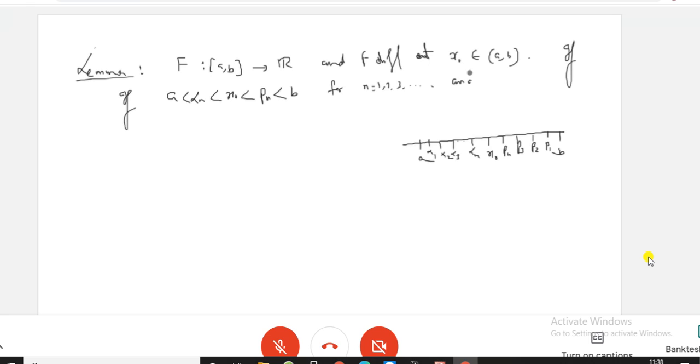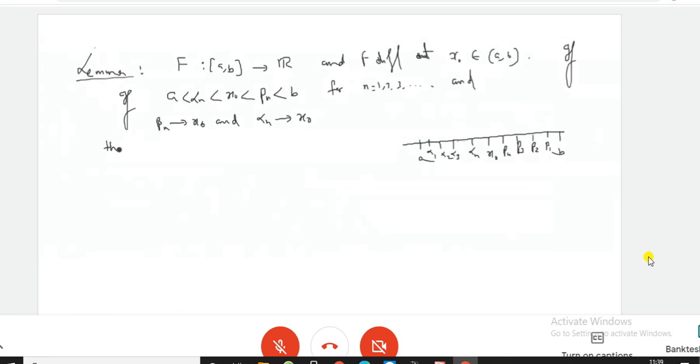And you need one more condition: this beta n, a decreasing sequence, converges to x0, and alpha n, an increasing sequence, also converges to x0. So alpha n converges to x0 and beta n converges to x0.